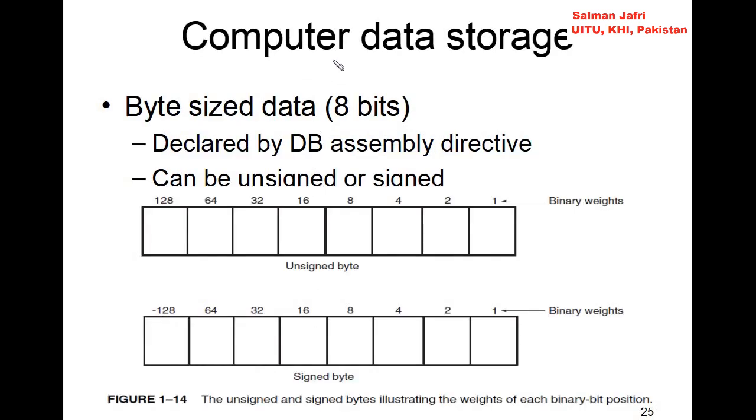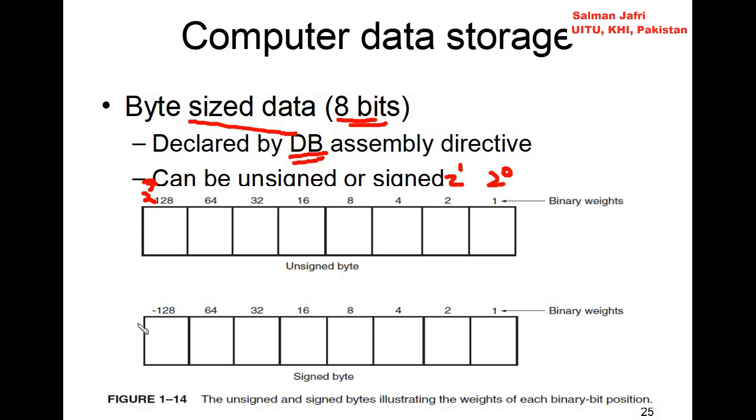Some points about computer data storage. We have byte-sized data, which is 8 bits and is declared by the define byte, or DB, assembly language directive. The byte-sized variable can be signed or unsigned. For unsigned numbers, we have these weights: the MSB is 128, which is 2 raised to power 7, and the others are 2 raised to power 0, 2 raised to power 1, and so on.